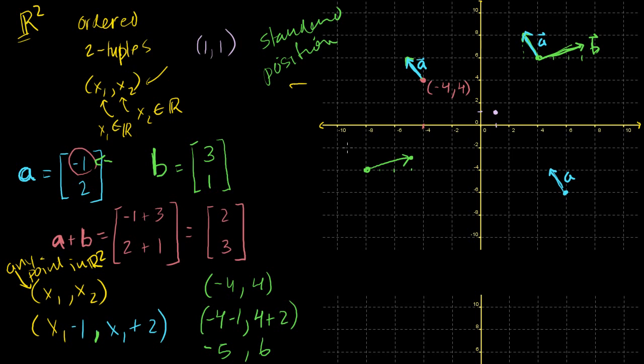So vector A in standard position, I would start at 0, 0 like that, and I would go back 1 and then up 2. So this is vector A in standard position right there. And then vector B in standard position is 3 to the right, and then up 1. But any of these other things we drew are just as valid.